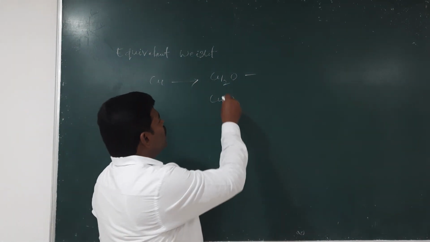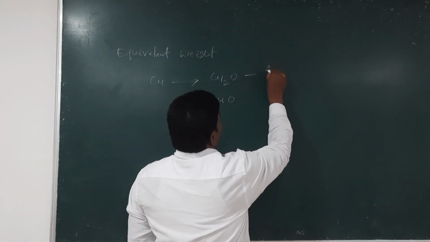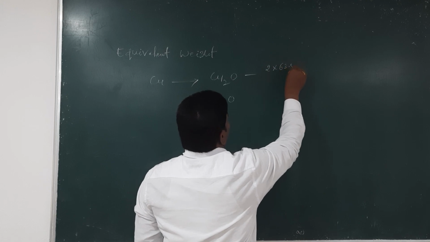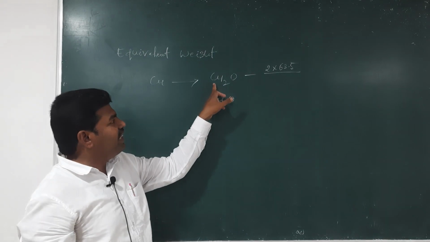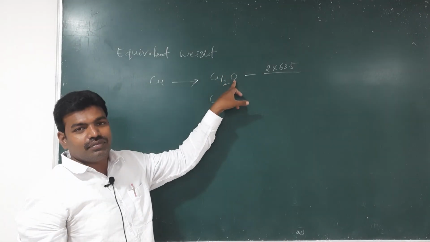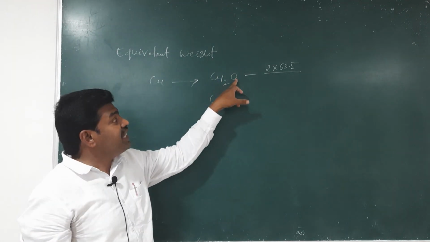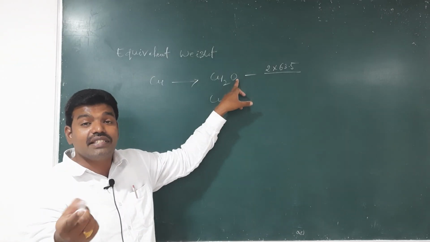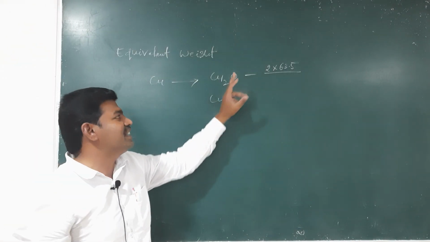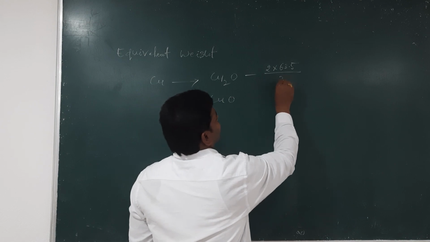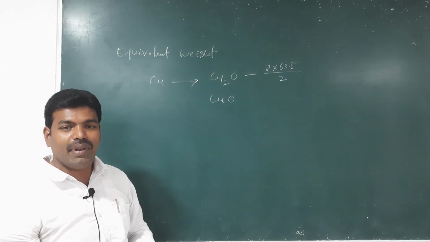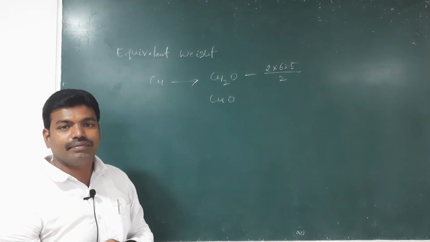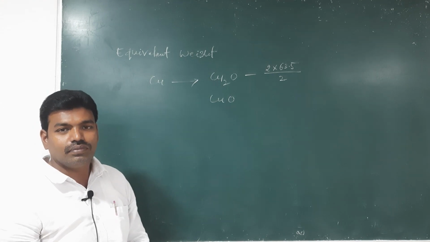So in this, 2 coppers, 2 into 63.5 by its valency, it combines with the 16 grams of oxygen, that means that contains 2 equivalents, because copper valency is 2.